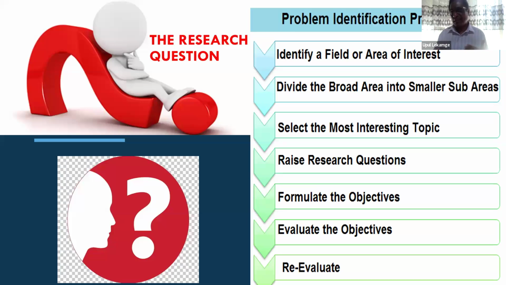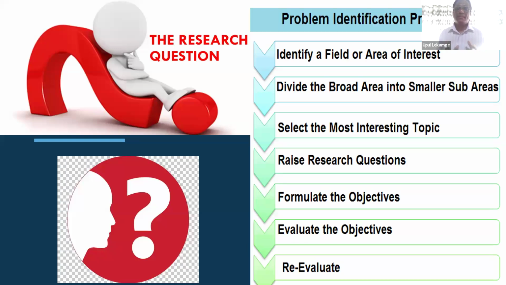Sometimes when students come to me and say, I have this interest, and I ask certain questions, I know that they don't have a very good understanding of it. So as supervisors and senior academics, we have to make them start thinking about their topic.